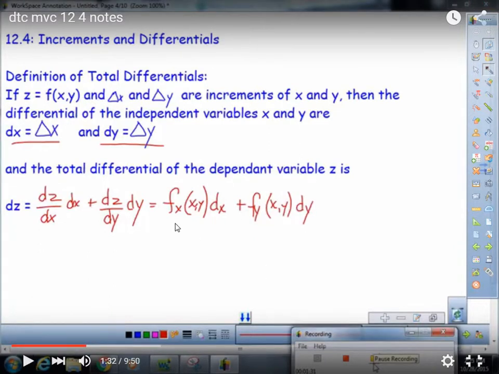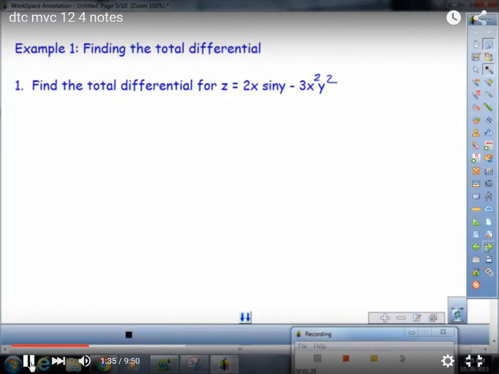So you've got basically the partial derivative with respect to x times dx plus the partial derivative with respect to y times dy. Okay? So what we are identifying is dx and dy as little partial smidgens of change in x and change in y. So first, let's just practice the actual calculus behind this.